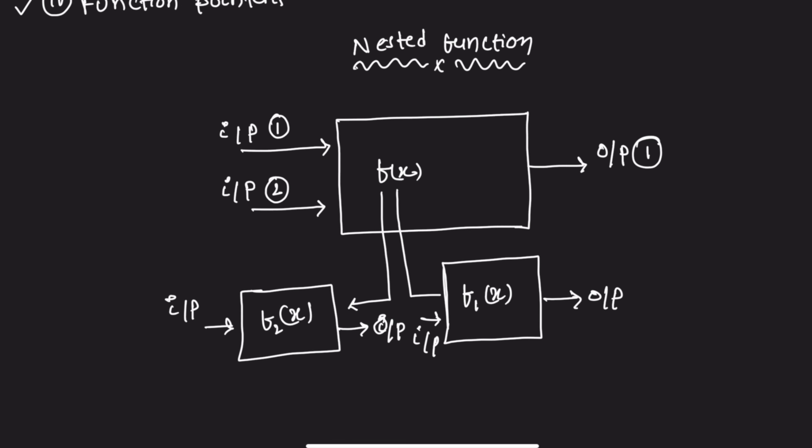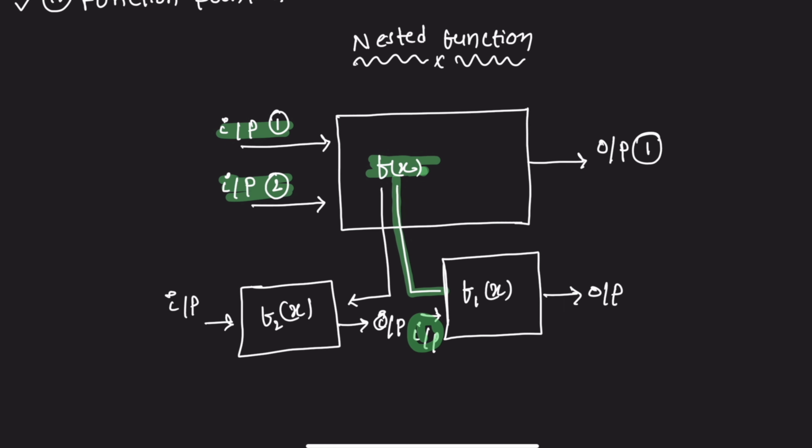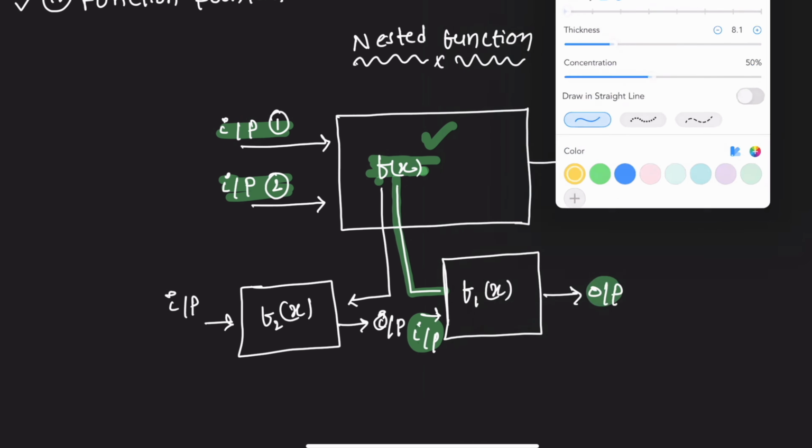Based on this, let's consider the flow. First you give the input 1, then you give the input 2, then the function is called, and inside this function it calls the first function, which is this one. This will be called with some input, which is coming from the function itself. It will get some output, and based on this output the function performs something additionally, and after that another function is called, which could be this function.